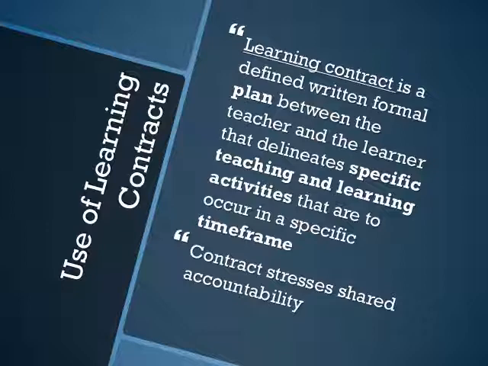A learning contract is a formal written document between the student and the teacher, with the teacher saying, I promise to give you this lesson, teach you how to do this thing, I promise to provide these materials, and it may have a date and time in it. And I promise to do this before a certain date. The student, on the other hand, says, I promise to show up, I promise to do whatever you tell me to do, I promise to put in my best effort. If there are any materials I have to bring myself, I promise to do that. And so it's a contract between a teacher and a student.